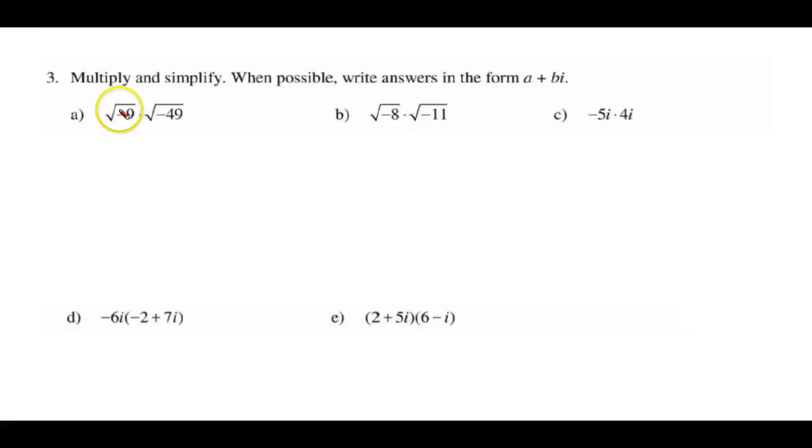You have to convert this to its value, which is 3i, and this is going to be 7i. Now, what you do is you multiply these and you get 21i squared. i times i is i squared.